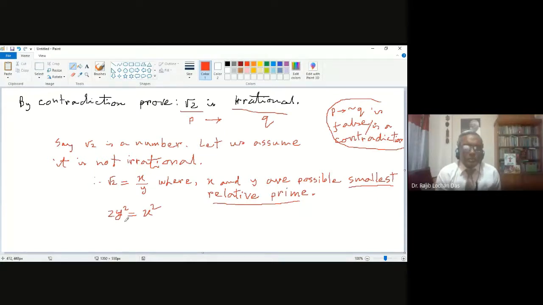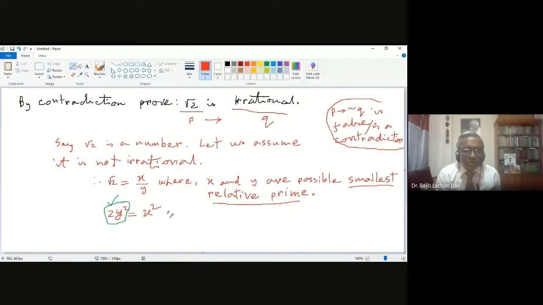If you think about 2y square, this is actually an even number, isn't it? So there is a 2 factor, because you can easily see 2 into something. 2 into something means you can divide it by 2. If it is possible to divide the left side by 2, you can also divide the right side by 2.